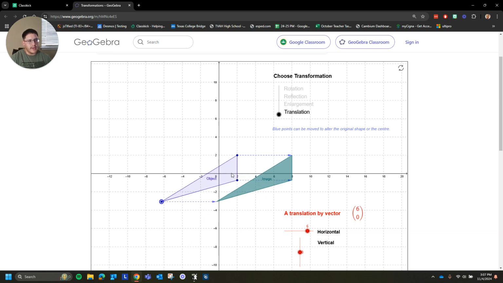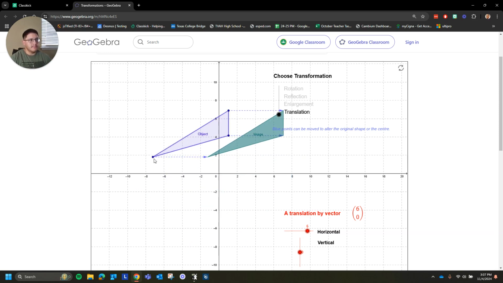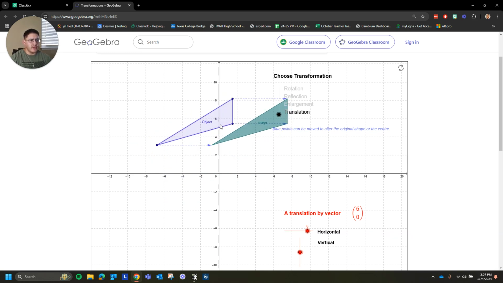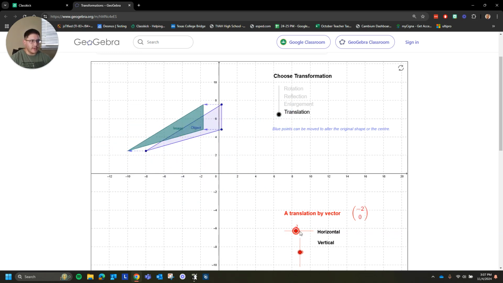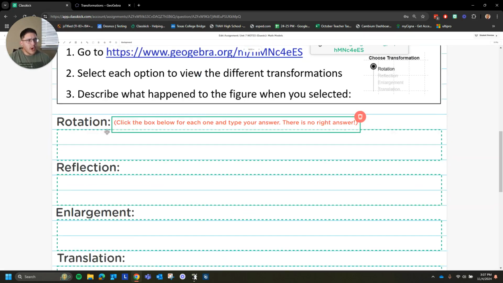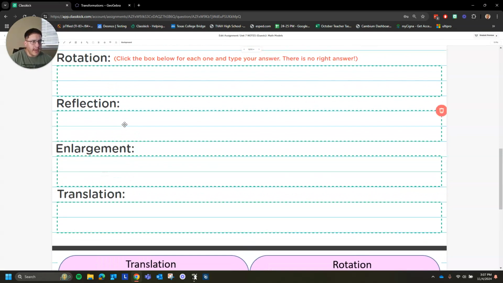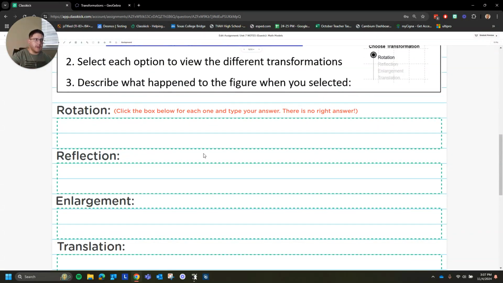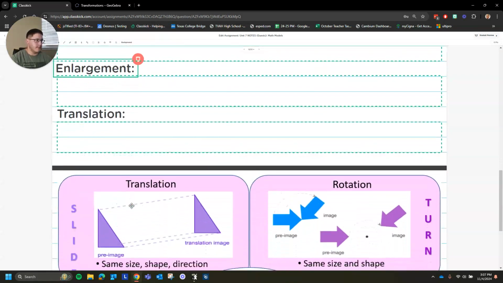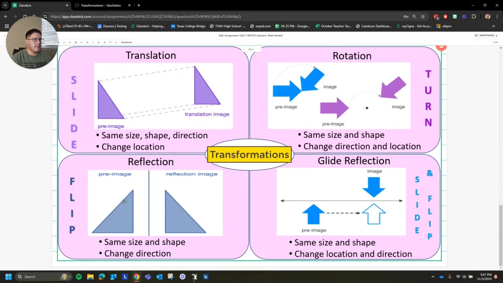Oh, and you can click on the arrows or the points right there to change the shape of the object and then mess around with the sliders too if you would like. And again, go through each one of these and then type down what you see going on with each of these different things. Okay, I'm going to move on to the next part.